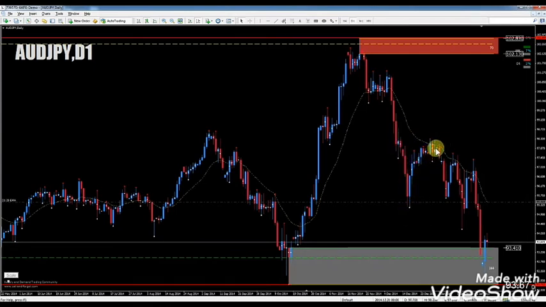So the correction is to the upside, the impulses are to the downside. Here, same thing. Impulse down, correction, impulse down, correction, impulse down, correction. So it takes longer to correct than to create the impulse. So the market is clearly down. That's how we have to look at the charts.